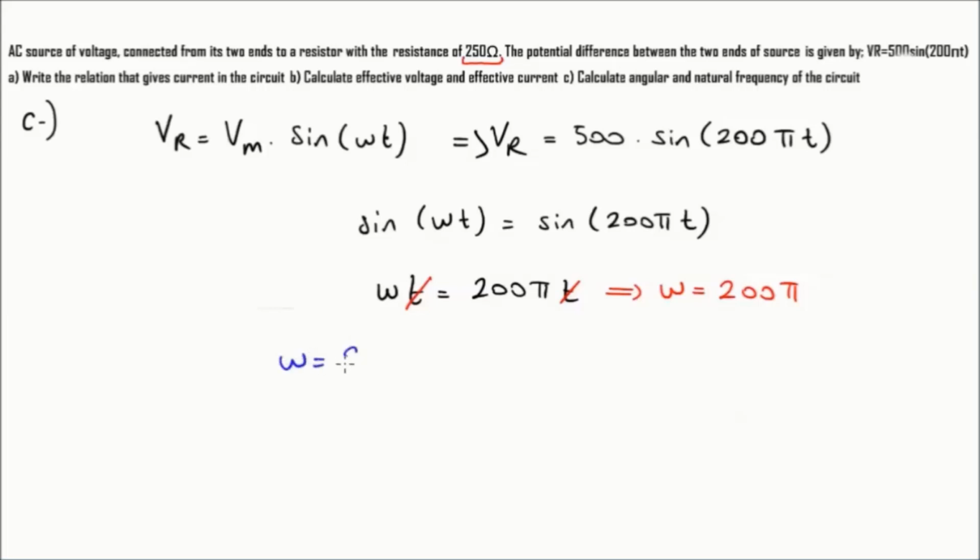Omega equals 2πf, so this is equal to 200π. 2π and 200 cancel each other, that is 100, so f equals 100 hertz. Thanks for listening.